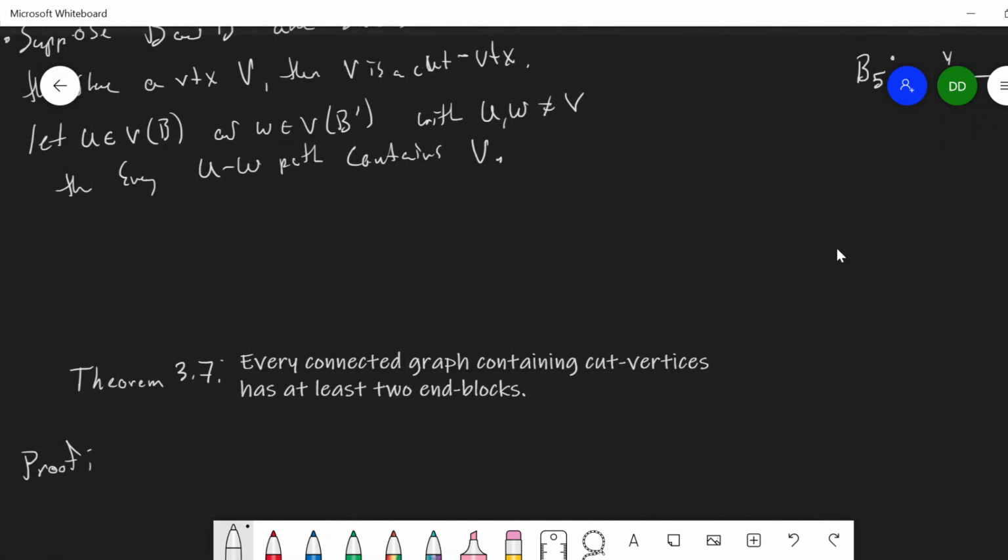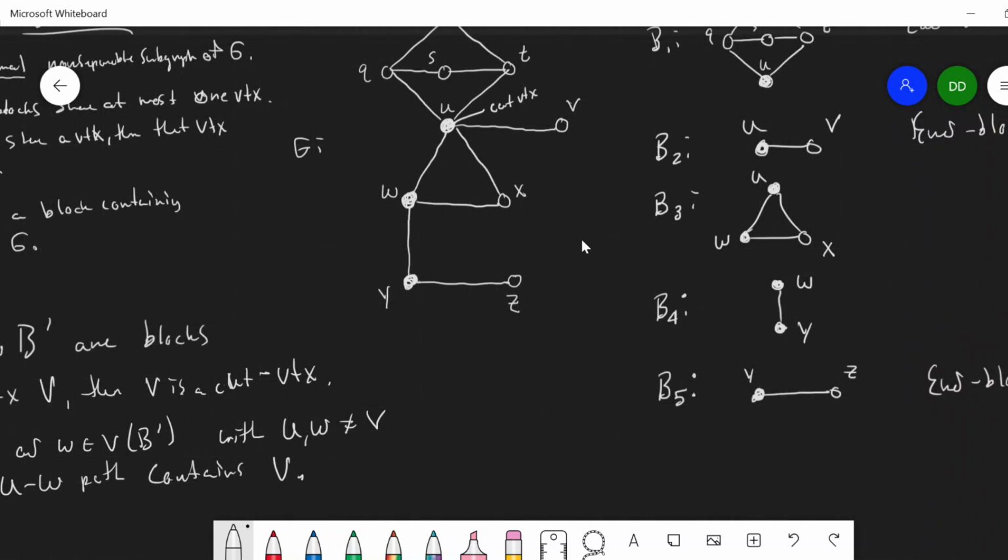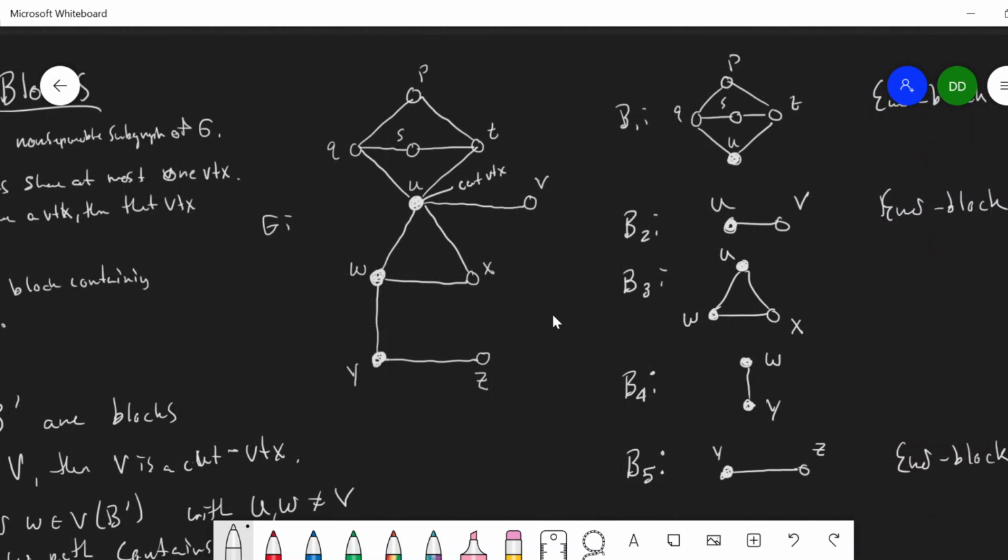Before I do that, let's talk strategy for a second. I'll go back up to this one. Notice I have this end block here and this end block here. These are the ones that are going to come out in the proof. Remember when we showed that there were two vertices that were not cut vertices, we took a longest path in the graph, and the end vertices of that path were the vertices that weren't cut vertices.